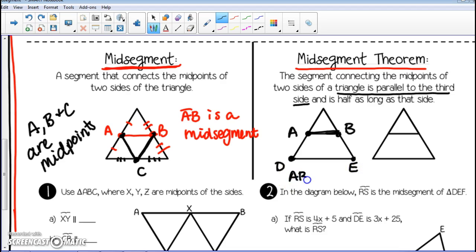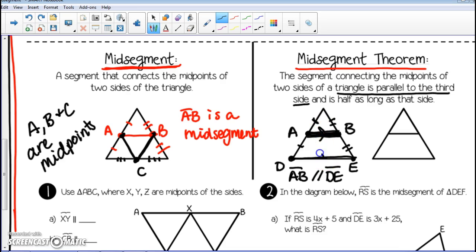So the first part of the theorem states that the midsegment is parallel to the third side of the triangle.